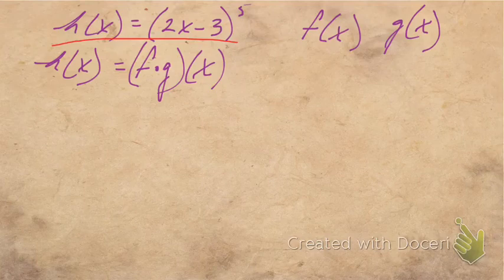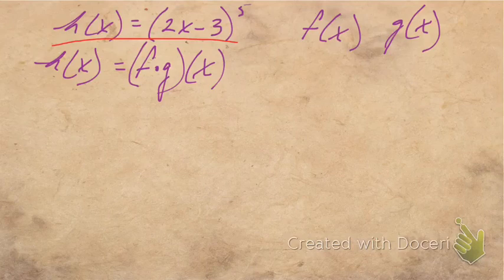Before, I would give you f of g of x, and you would get an answer. Now I'm taking the answer, what I have underlined in red there, and saying, how did I get there? What did my f of x have to be, and what did my g of x have to be in order to combine those to get 2x minus 3, the quantity to the 5th power?